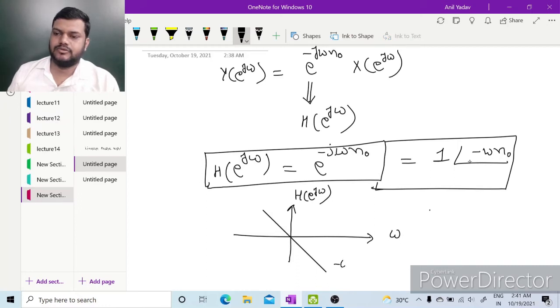This is minus ω n0. So we can see that this is the phase of H(e^jω). So phase is a linear function of frequency. It means it is a linear phase system.